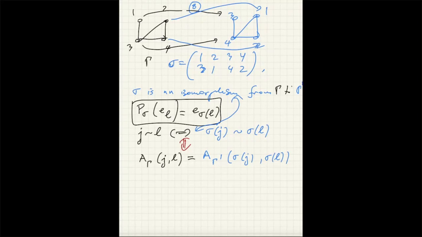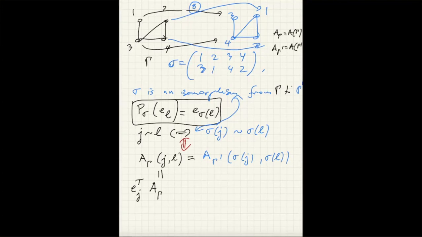So A JL is the entry in the row J and column L, and that one is obtained by multiplying to the left by E J transpose, A gamma, and then E L. And A gamma prime, it's the same thing.